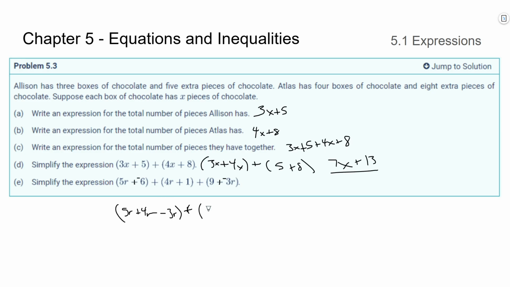Plus negative 6 plus 1 plus 9. Okay, so we got the constant terms grouped together and we have our variable terms grouped together. So 5 plus 4 is 9, minus 3 is going to be 6r, plus, and here we can do 9 minus 6. We could rearrange this. 9 minus 6 is 3, plus 1 is 4. And there we go.